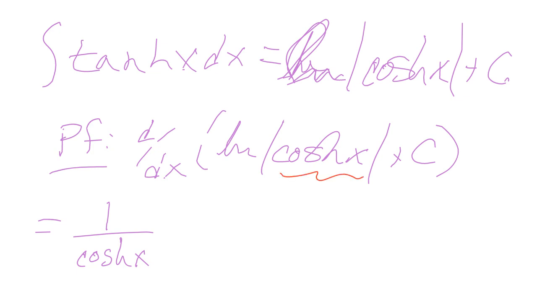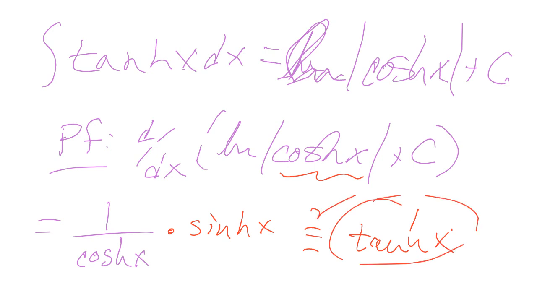So what's the derivative of cosh? Sinh x, and of course sinh over cosh is equivalent to tanh x. So boom, that's an easy proof, right? When you have the formula, it's easy to verify it, but your goal is to know the formula without having to look it up, especially on a quiz or test.